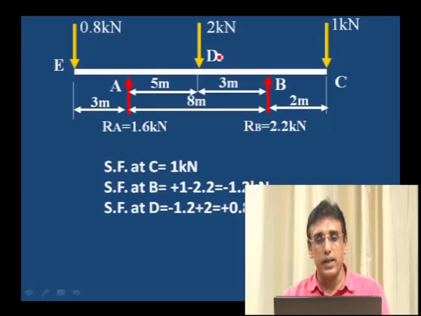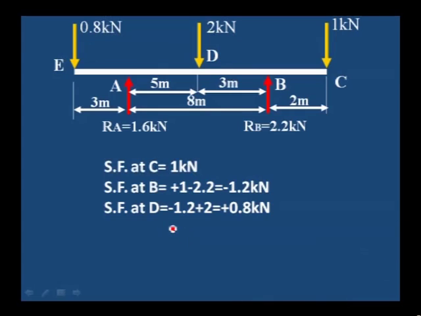Then shear force at D, minus 1.2 previous value plus 2 kilonewton is added, that is minus 1.2 plus 2, 0.8 kilonewton.